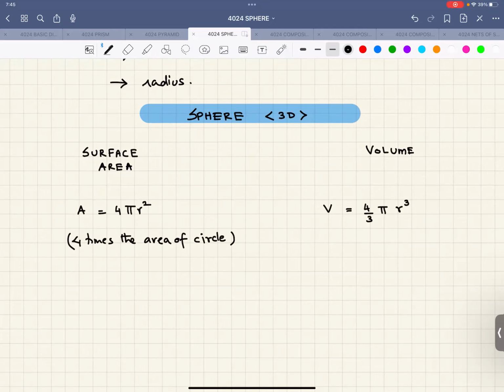Now, over here, what do you see? You see some constants. That constant over here is 4, and over here is 4/3. And then you see a pi, and then you see a pi. And then you see r square, and over here it's r cube, which makes perfect sense.